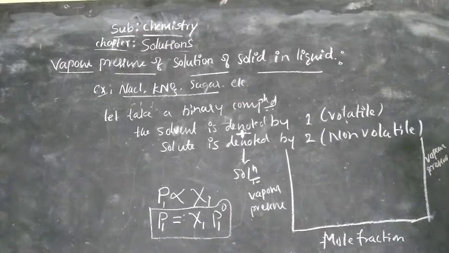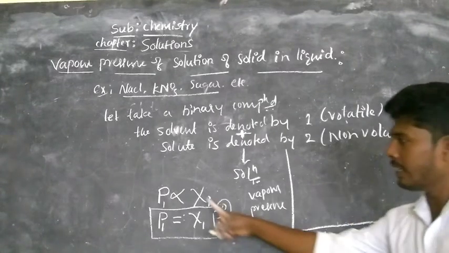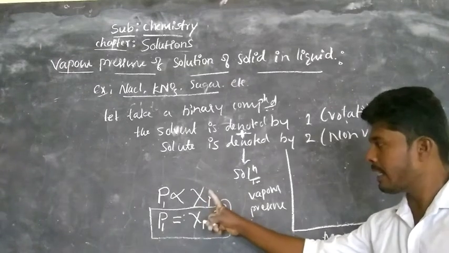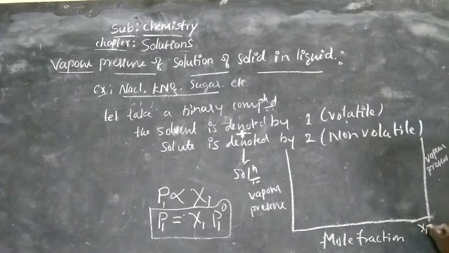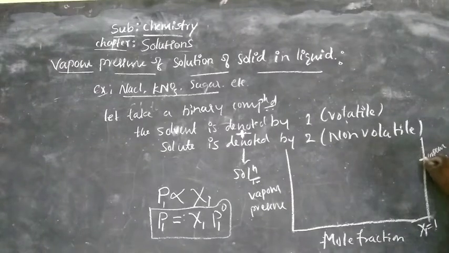This is the vapor pressure we are taking on the y-axis and the mole fraction on the x-axis. Now let's take x1. x1 is the pure solvent, that is, x1 is equal to 1, meaning pure solvent, its concentration is high. Therefore, at x1 equal to 1, meaning the mole fraction of component solvent 1 is equal to 1, the vapor pressure is high.